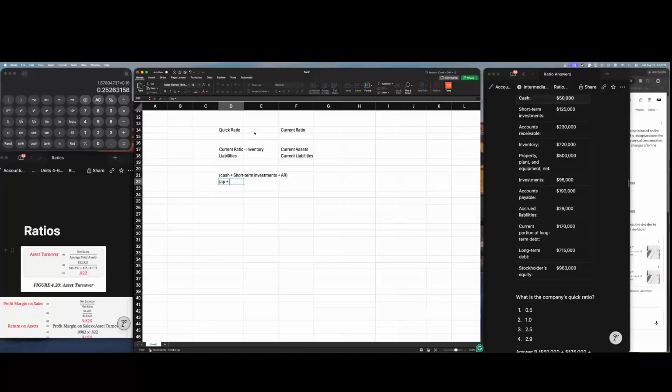So the quick ratio would be, plus 405,000, divided by the liabilities, for example, 18 plus the liabilities.